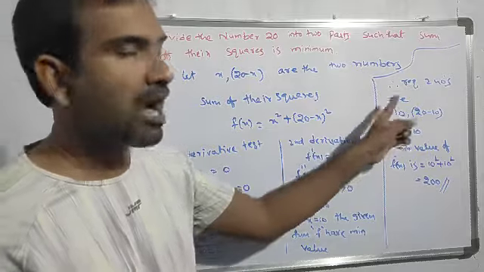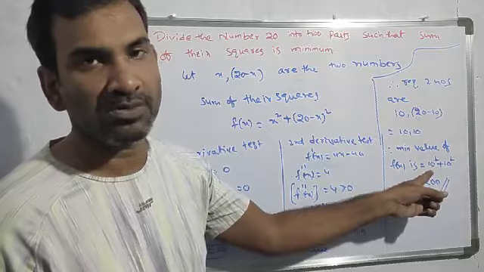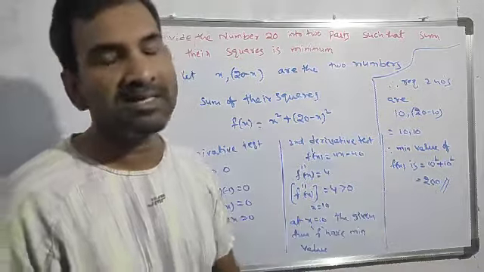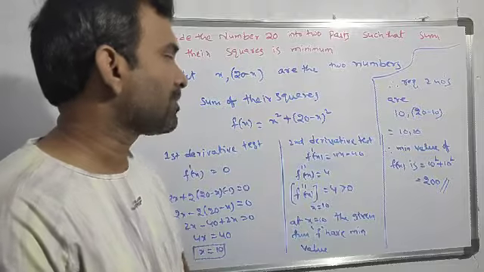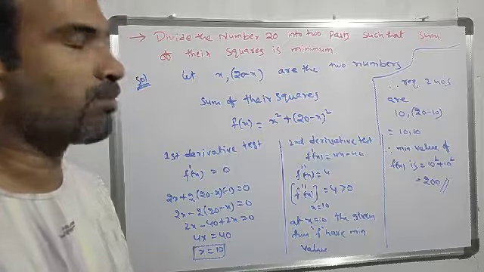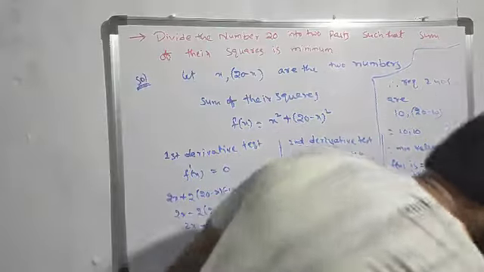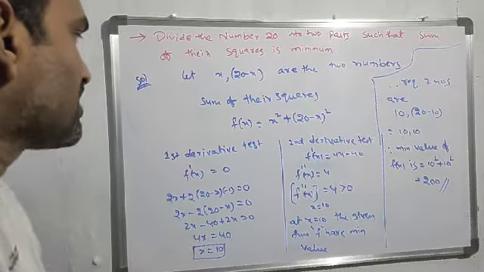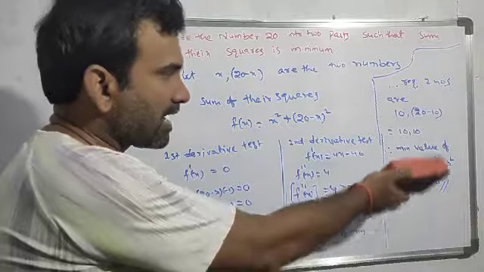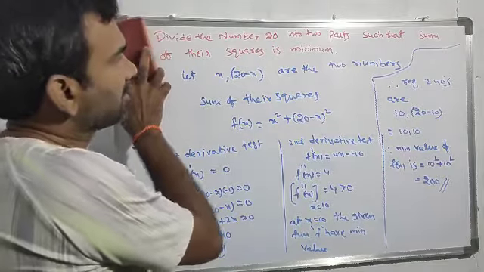At that minimum value I find the remaining number also, and I find the f of x value, the sum of the squares of the two numbers. That value is 200. Like that we can complete this problem. So first derivative test, second derivative test, the conclusion statement, and finding the values also, I am writing. Okay, right. Next.